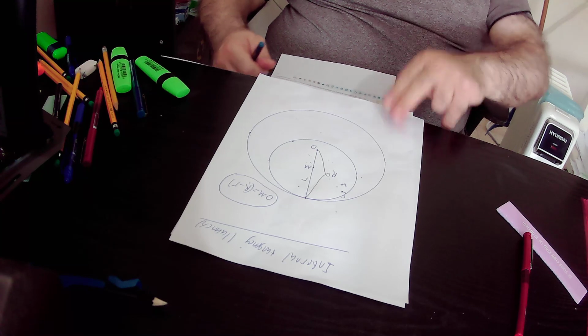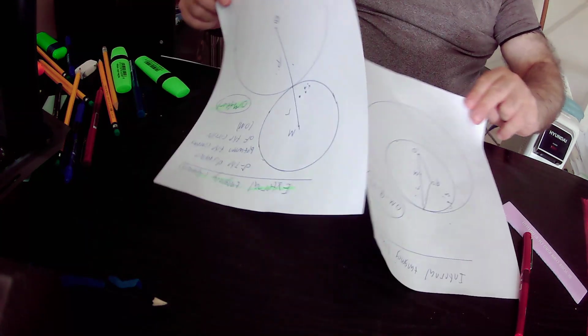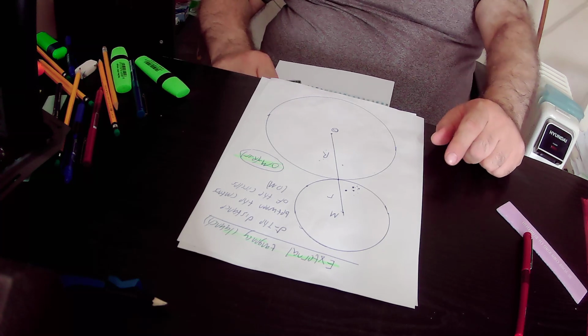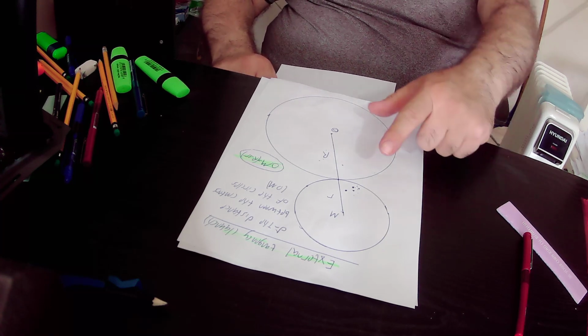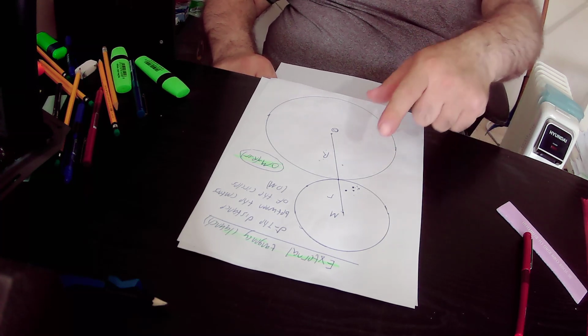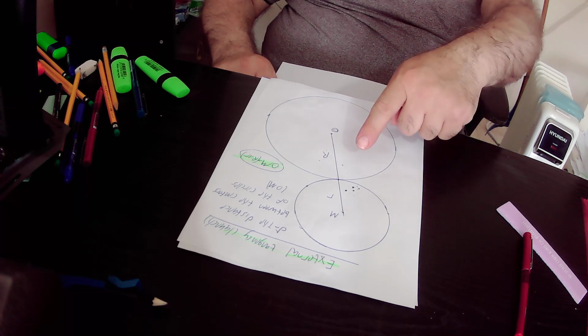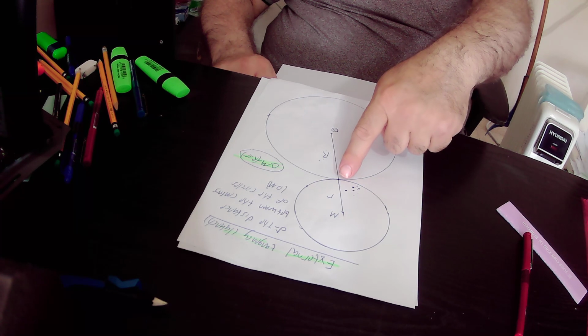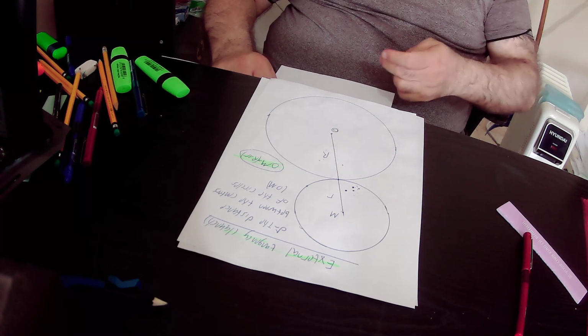The first type of tangency is the external tangency. In this drawing we have two circles that are touching each other externally at this point. This is the point of tangency.